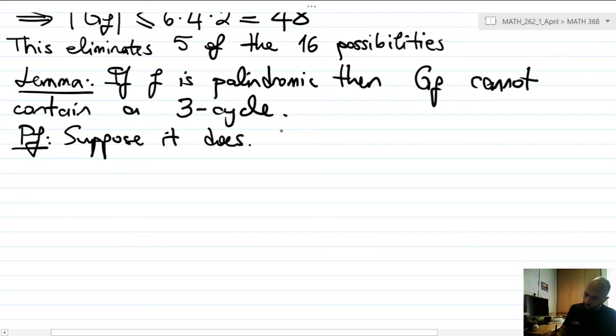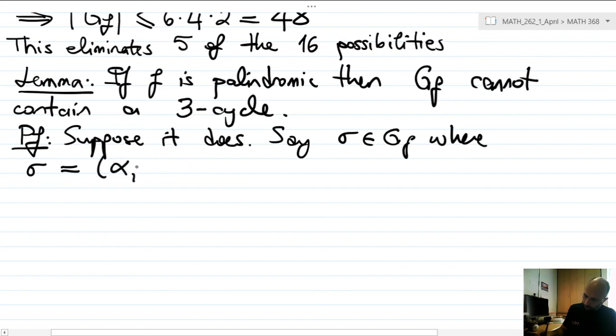So say sigma is in G_f, where sigma is of the following form: alpha_i, alpha_j, alpha_k. So some 3 cycle like this. And so sigma doesn't move any other elements than alpha_i, alpha_j, alpha_k, and moves these in a cyclic way.